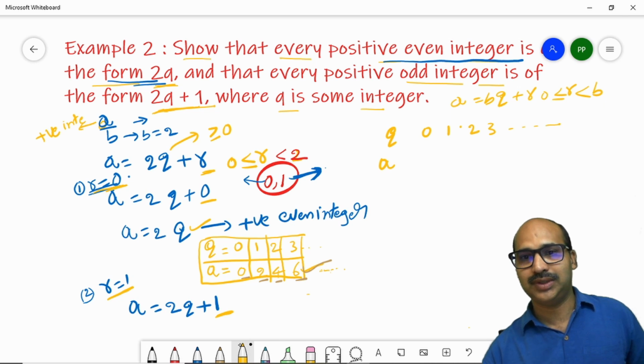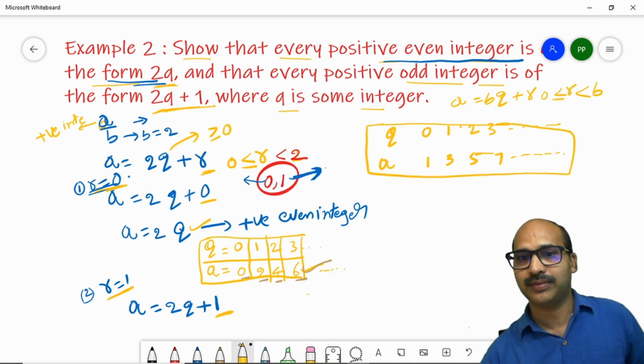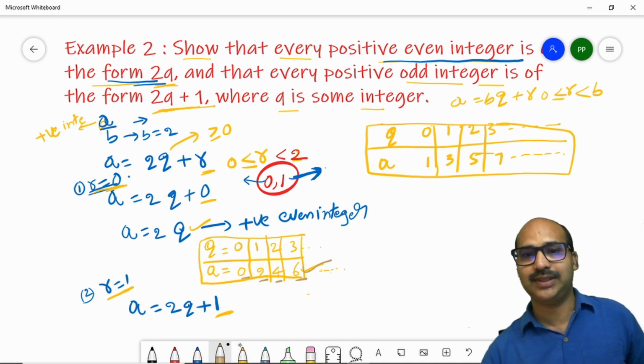So 2 into 0 is 0, plus 1, 1. 2 into 1, 2 plus 1, 3. 2 twos are 4 plus 1, 5. 2 threes are 6 plus 1, 7 and so on. Observe this a: 1, 3, 5, 7.